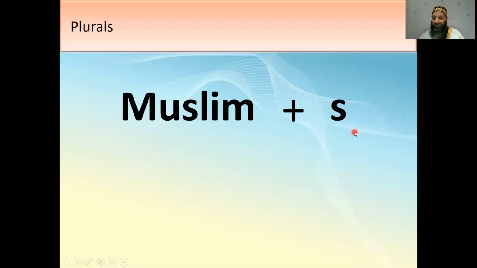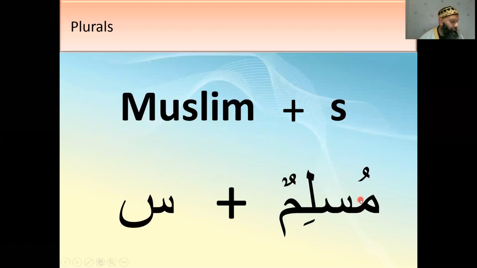Right, so plurals in English, you add an S onto the word and it becomes Muslims, plural, job done, yeah? So Muslim, add an S and it becomes Muslims. Everybody with me? Yes, good. So, I know you've got your slides in front of you. Muslim with a sin. Will that become Muslims?